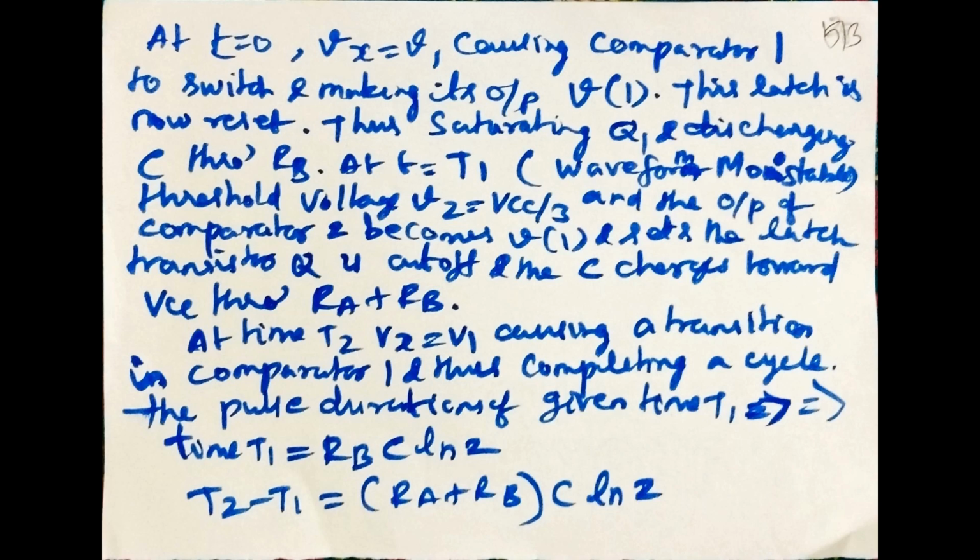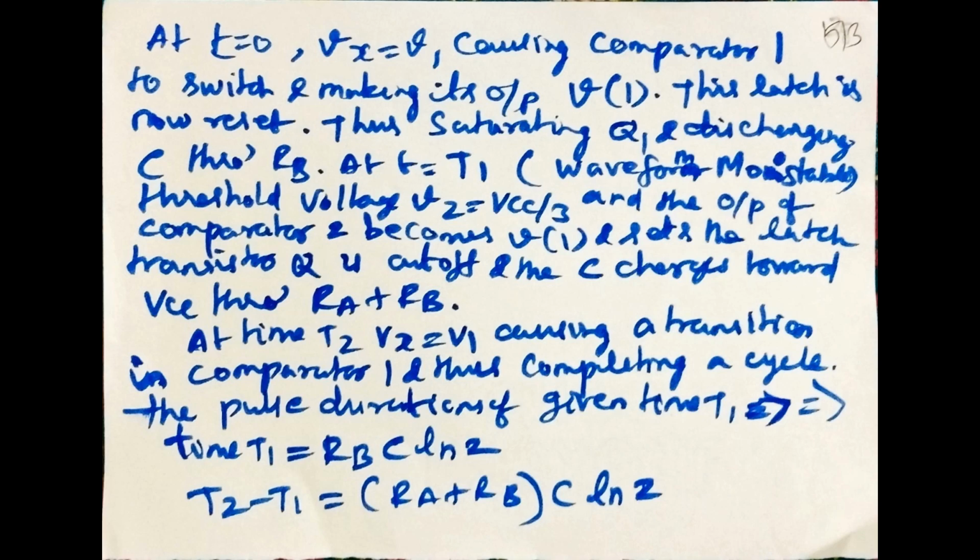At t equal to 0, Vx equal to V1 causes comparator 1 to switch and makes its output V1. The latch is now reset, thus saturating Q1 and discharging C through RB. At small t equal to capital T1, the waveform is monostable. Threshold voltage V2 is equal to VCC divided by 3 and the output of the comparator becomes V1 and sets the latch.